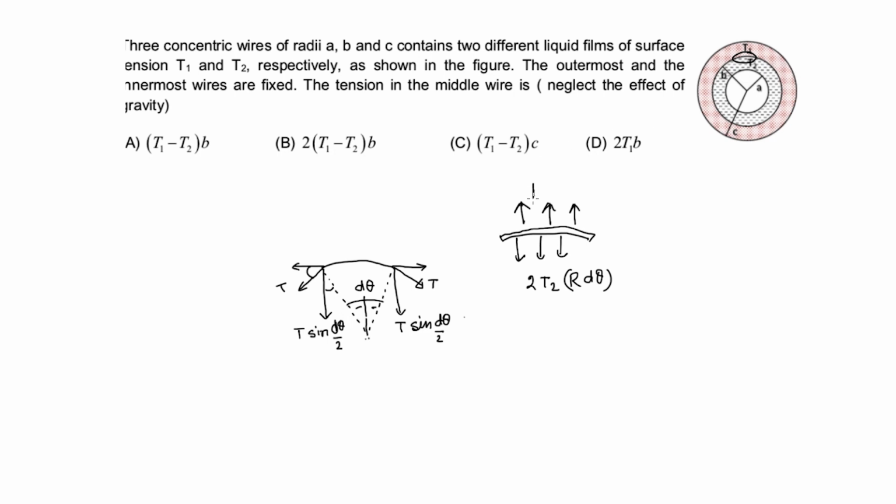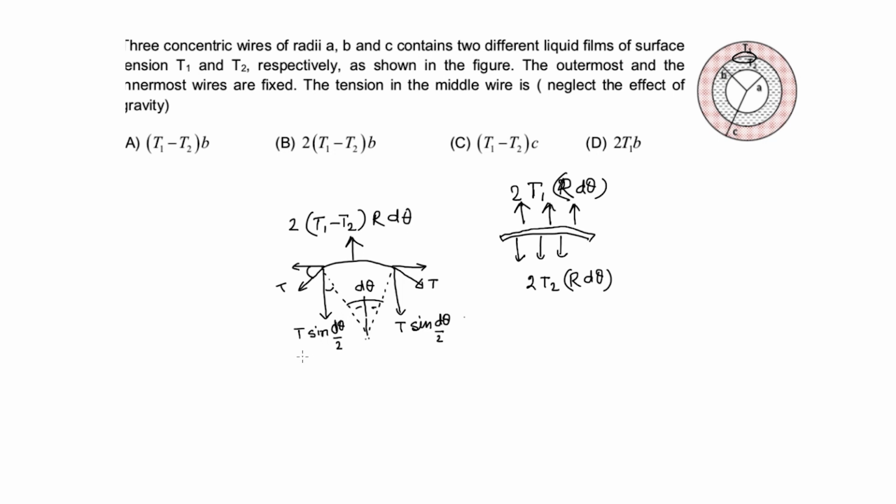So that is equal to T1 into r d theta, and that is also 2 times because of the two surfaces. So what is the net force that is acting upward, outside of this? That is T1 minus T2 into 2r d theta.